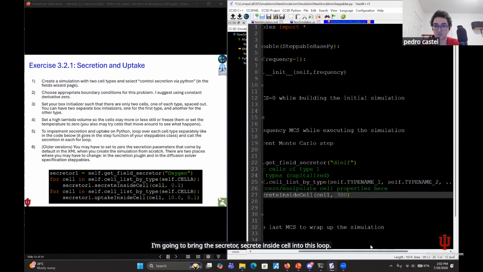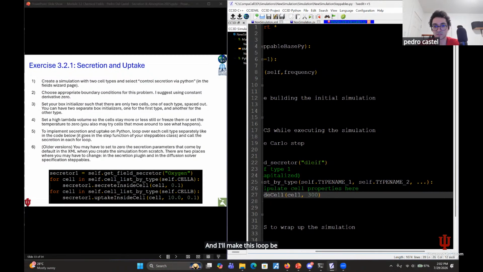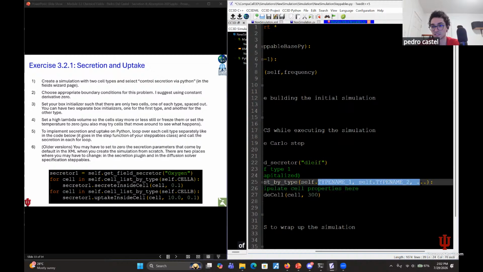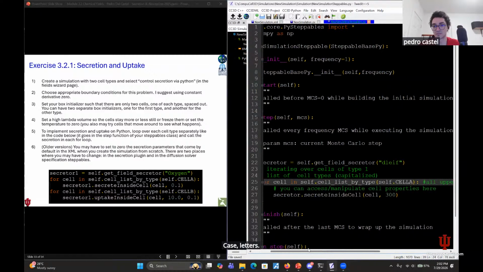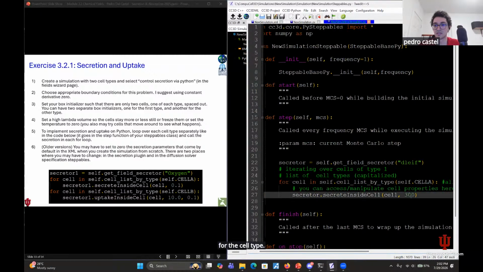And I'll make this loop be over cells of type CellA, all uppercase letters for the cell type. And as in the slide, for the secrete inside cell on cell A, the secretion coefficient is 0.1.